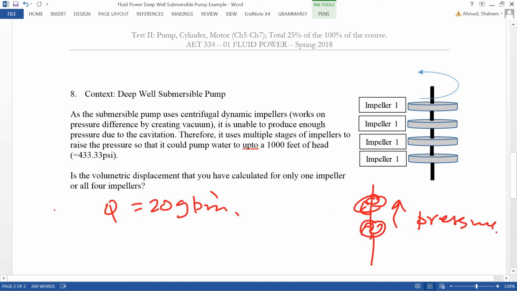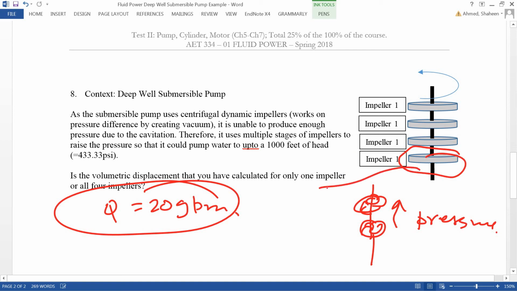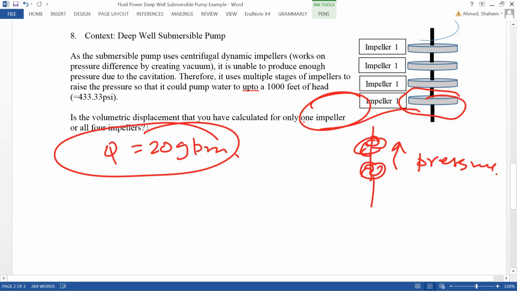So the flow produces 20 gallon per minute from one impeller. So the question is, does it come from all 4? No, just one impeller produces the flow, sends it to the other, creates some pressure, and then sends it to the other impeller, creates some more pressure. So these multiple stages of impeller only create pressure, not the flow.